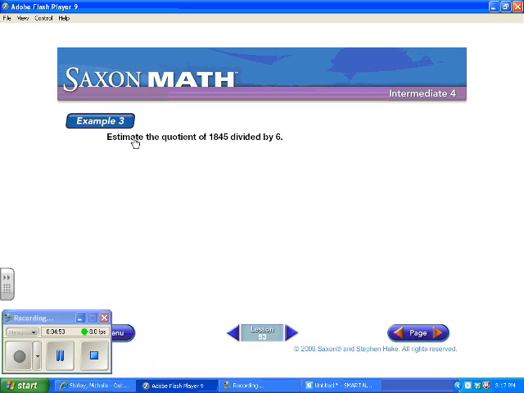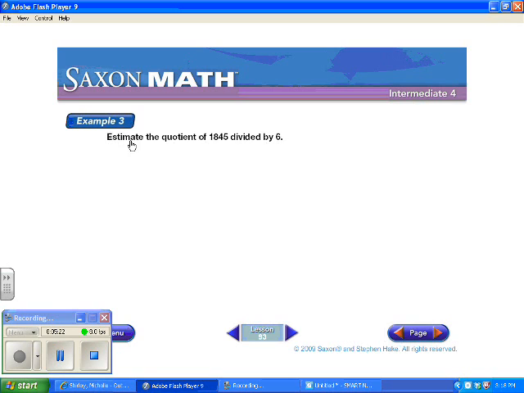Let's look at example 3. Estimate the quotient of 1,845 divided by 6. Okay, when they say quotient, I know that's the answer to a division problem. So let's look at this number right here, 1,845. Immediately I notice that the first two digits right here, 18, that's divisible by 6.